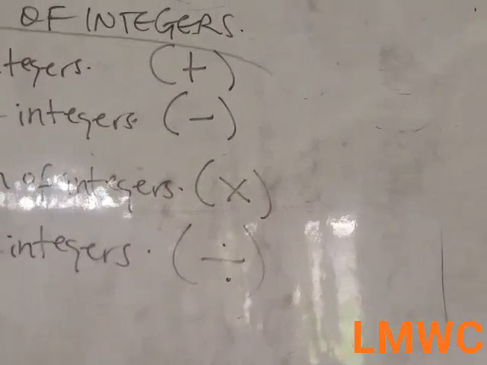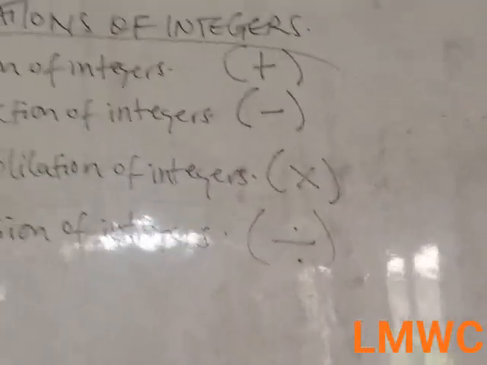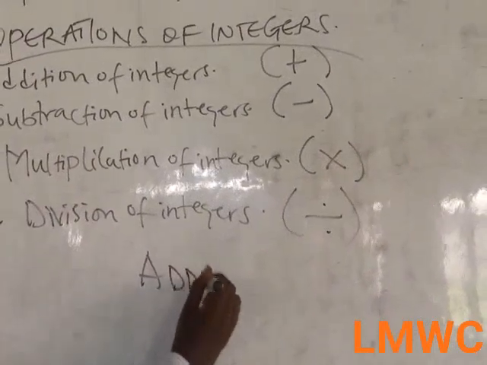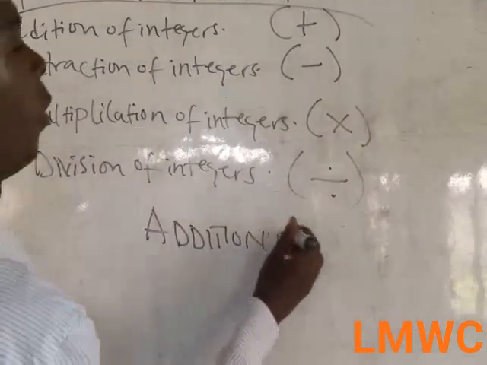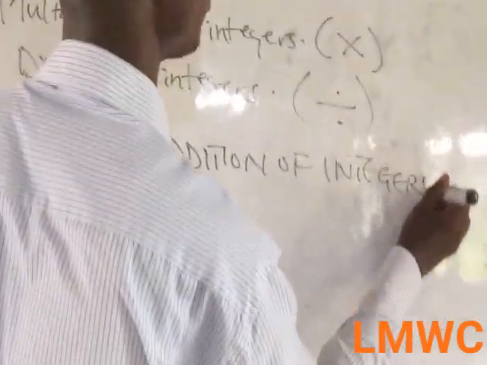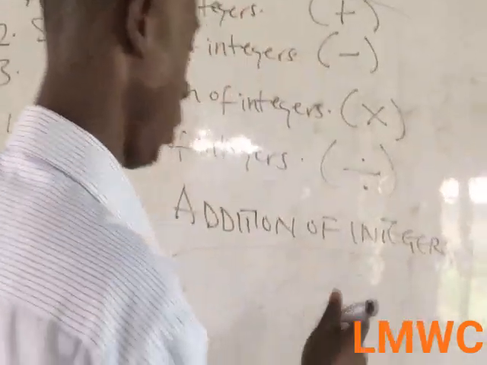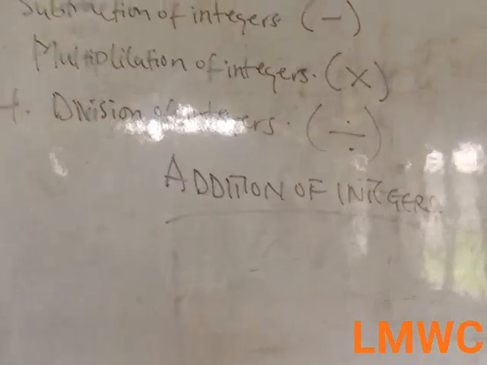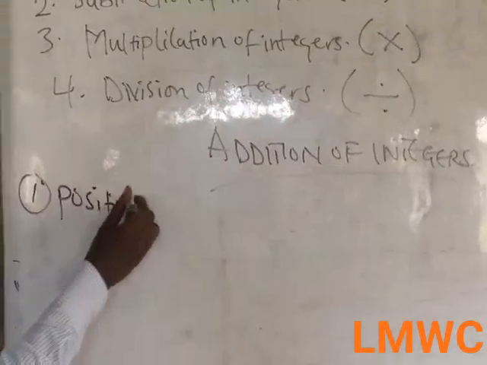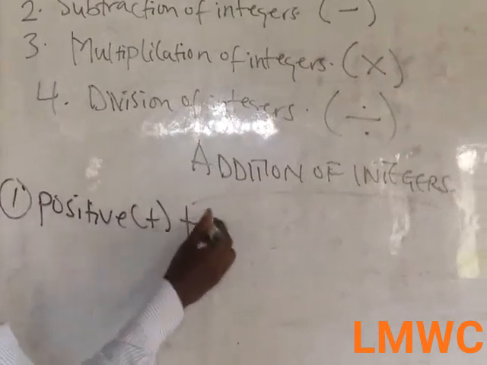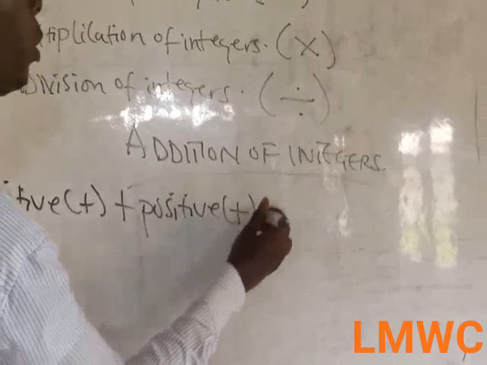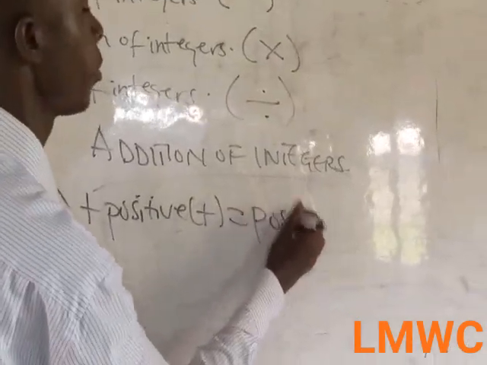So addition of integers. Positive plus positive. We are on addition of integers. We have, 1, positive plus positive will give us positive.